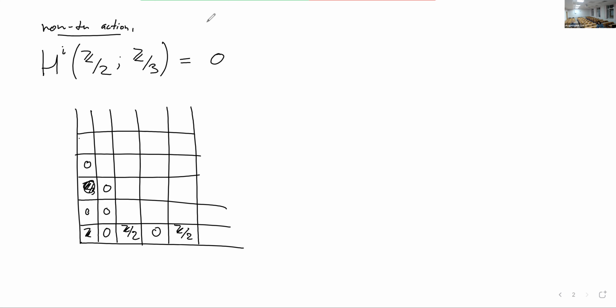Hold on. Oh yes. So we have Z/3 in degrees multiples of 4 and 0 in other degrees.